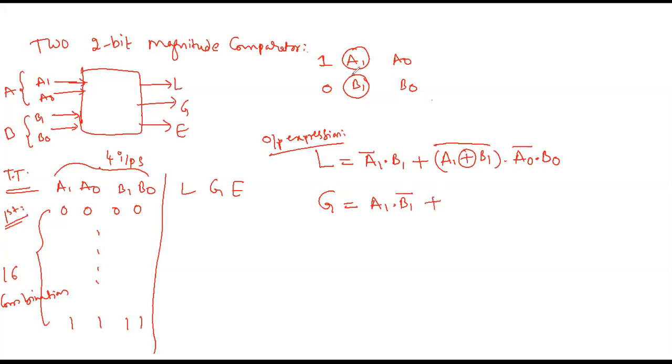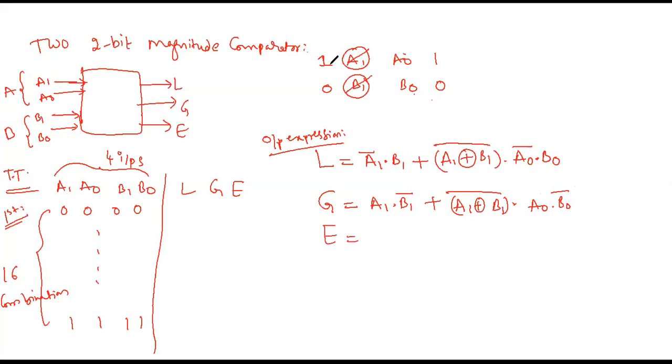Then if A1 and B1 are equal, equal means XNOR. Then we look for the lower bit, A0, B0. Here, A is greater if A0 is 1 and B0 is 0.